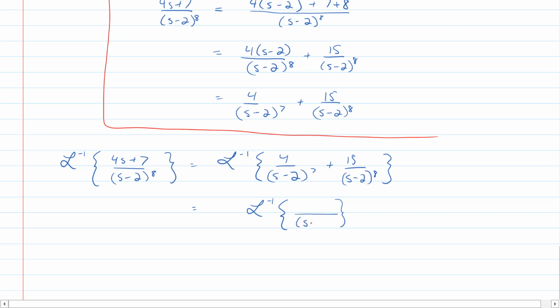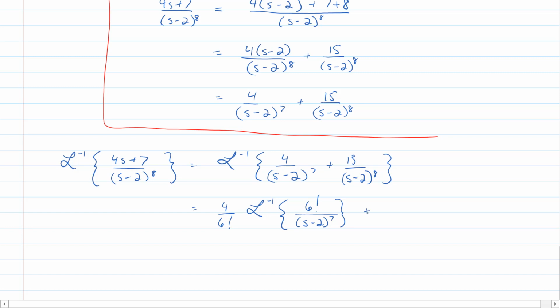We want (s - 2) to the 7th, that would be our n plus 1, so we want a 6 factorial out front. So the factor of 4 that we get from the numerator is going to be divided by 6 factorial, so that when we multiply all that through, we get what we started with.